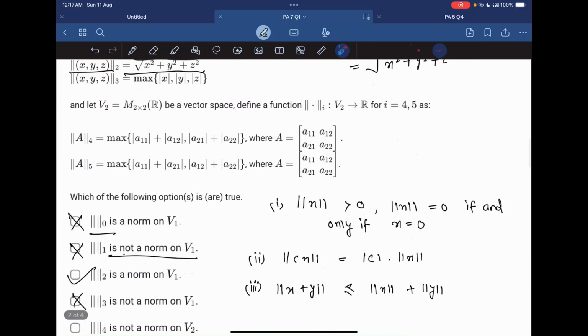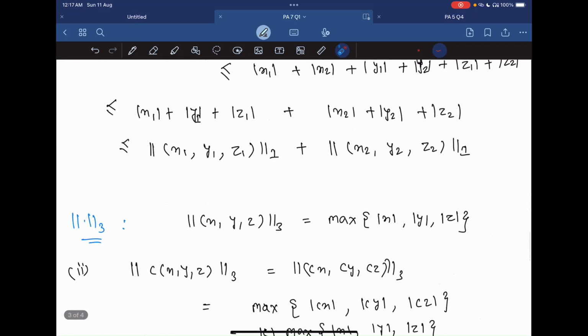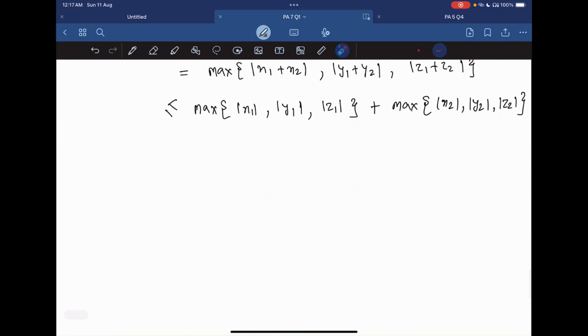Now we will check the criteria on the last two. Our fourth function is now defined on matrices. Here V2 is the space of matrices of order 2 cross 2, and we have A, which belongs to V2.